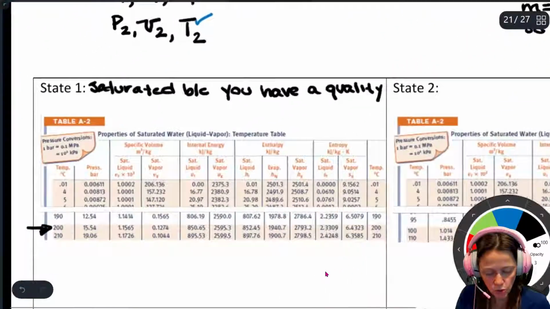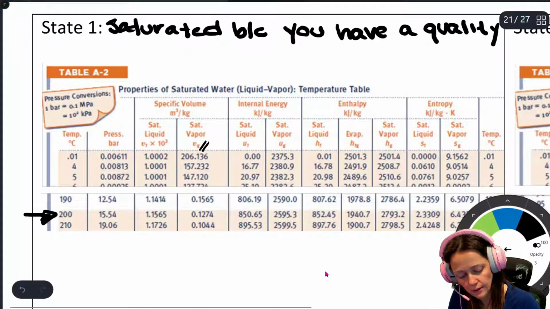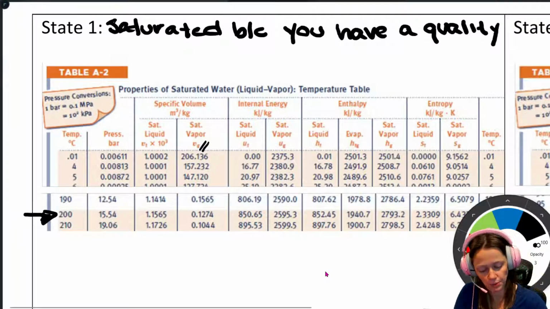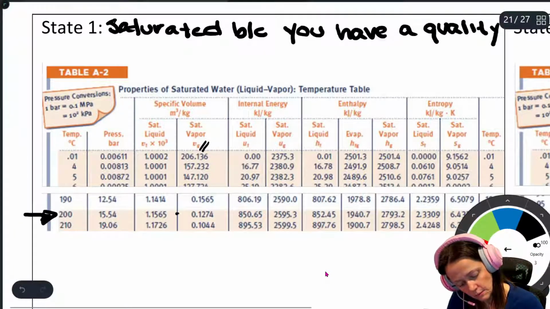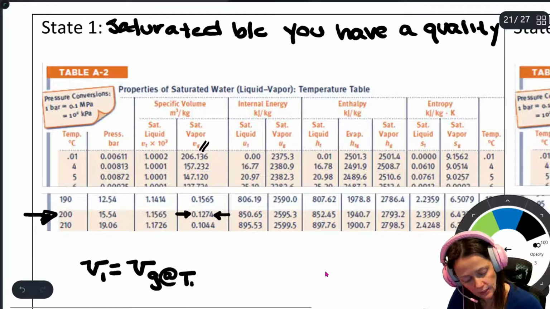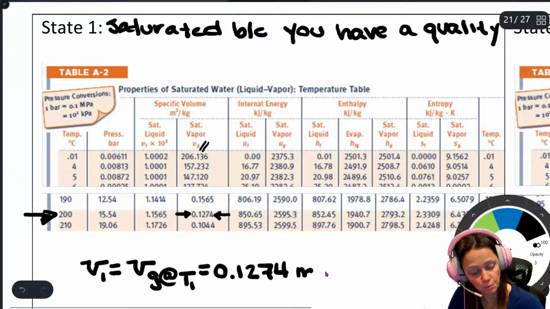Since your quality is 1, any properties that you want are going to have a subscript g after them. It's going to be right on that saturated vapor line. So you know that your specific volume is going to be v sub g at T1, which is 0.1274 meters cubed per kilogram.